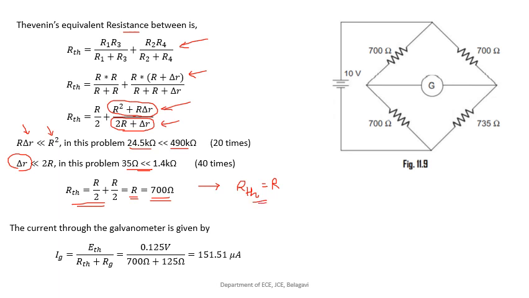Now finally, you have to calculate the current. To calculate the current, you have Ig is equal to ETH divided by RTH plus RG. Again, you can draw the diagram.